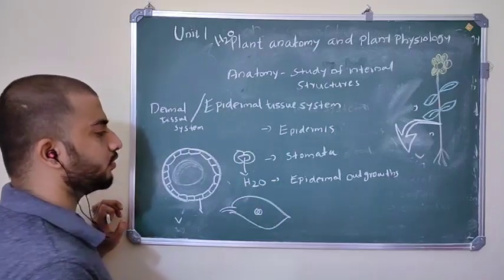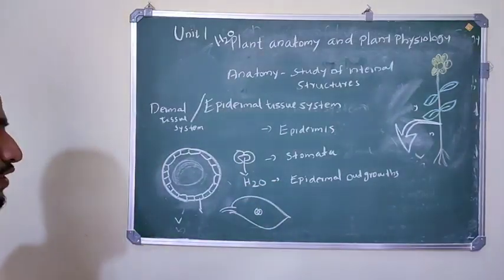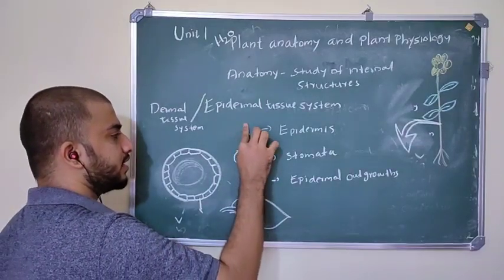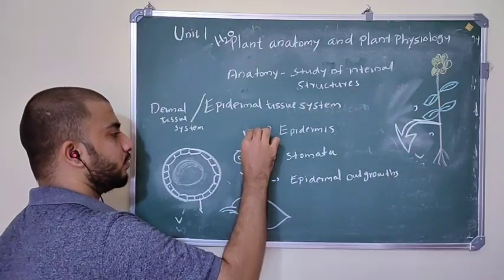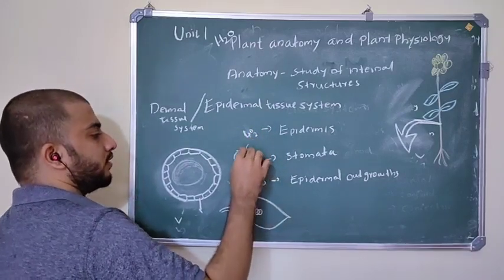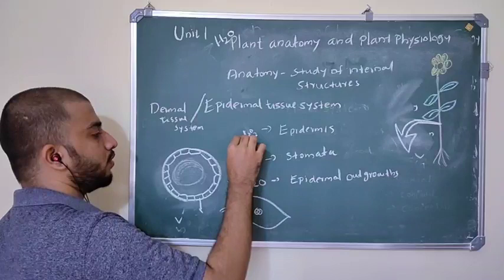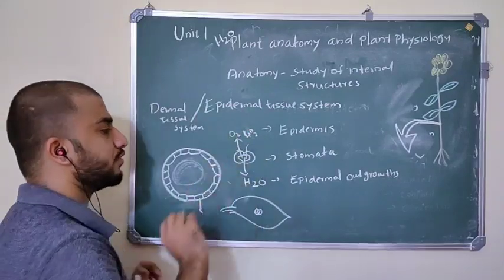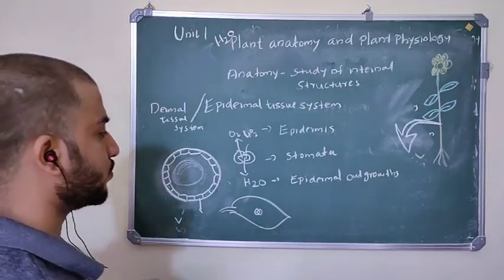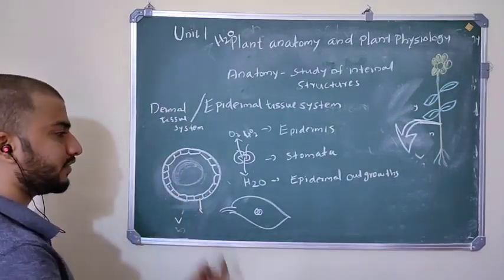The release of water through stomata is called transpiration. They also help in gas exchange. That means carbon dioxide goes inside and oxygen goes outside. So gas exchange and transpiration both take place through stomata.